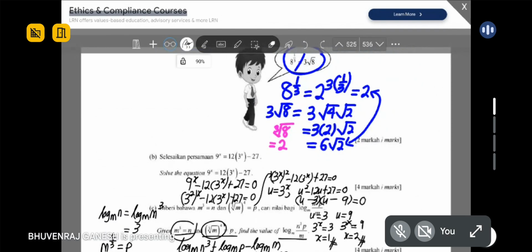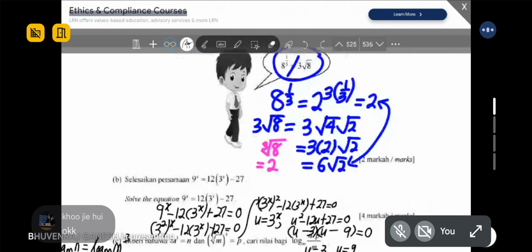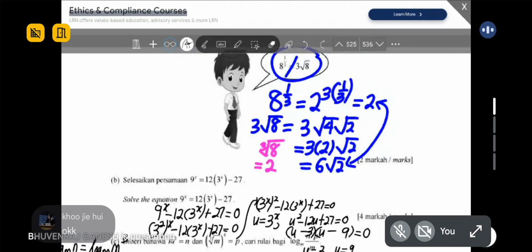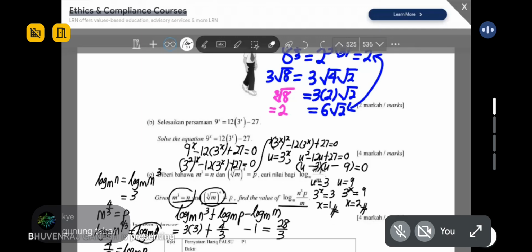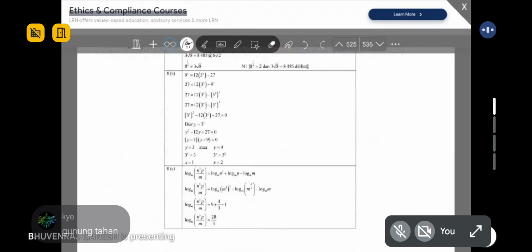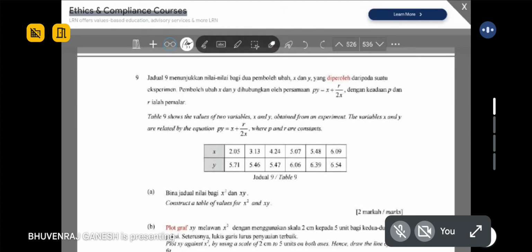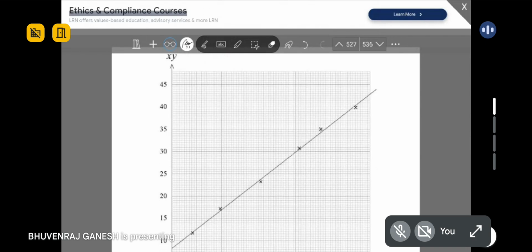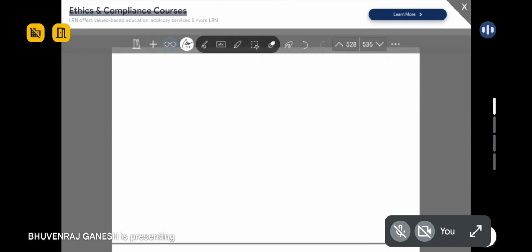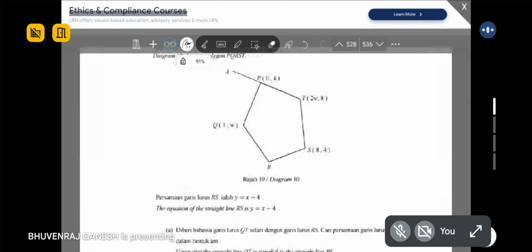You guys must tahan. This kind of exercise is something normal that you will do in Form 5 when it's near to your trial, especially. Tahan means just try to bear the pain a bit lah. That's what I mean. Okay? Just gambate. Gambate only. Okay?